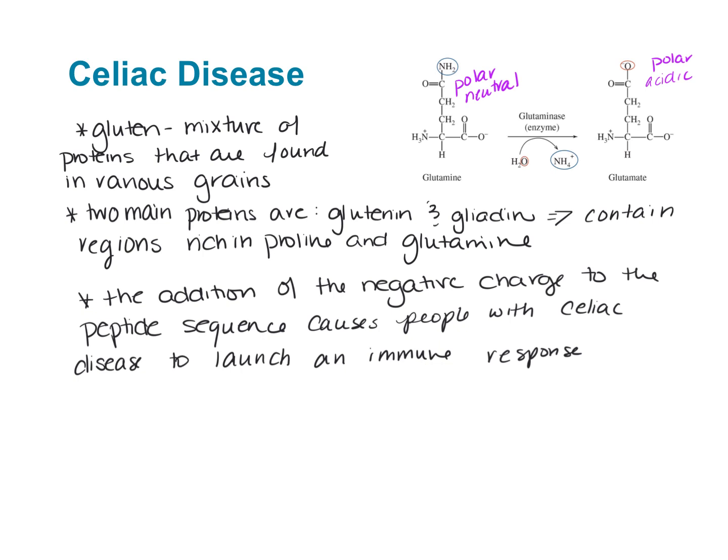Okay, and so symptoms here include inflammation of the small intestine, low intestinal absorption of nutrients, and then malnutrition. And the treatment for it is just to avoid gluten, right? And so celiac disease is an example of where the polar charges on amino acids can really affect certain people's health, right?